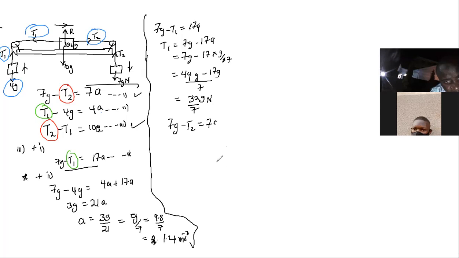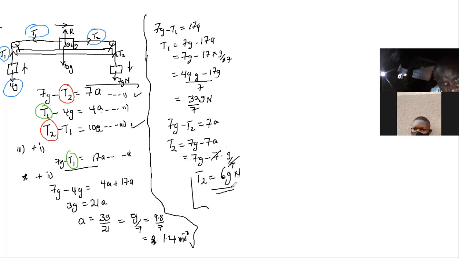I cancel this 7, so T2 clearly becomes 6G newtons. So with that, you would have attained both the acceleration and the tensions in the strings. Unless someone has a question on that first presentation. So that was number 18.